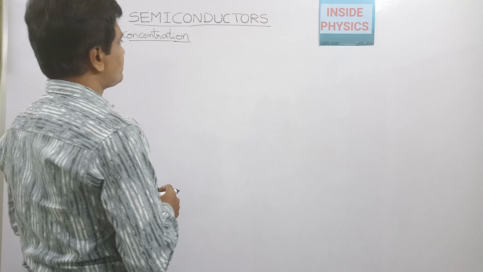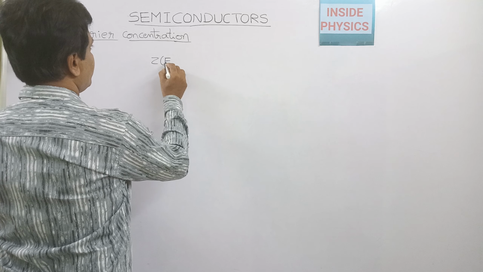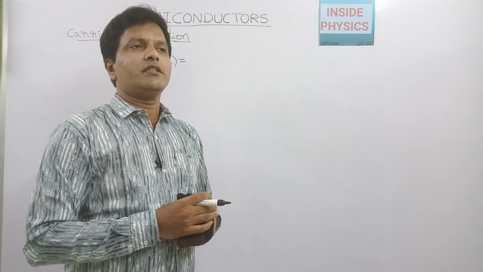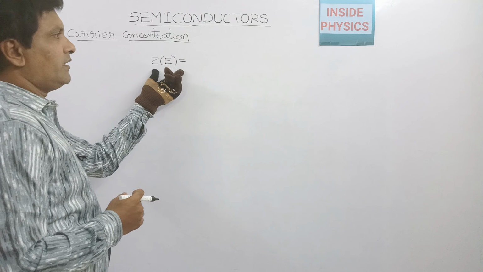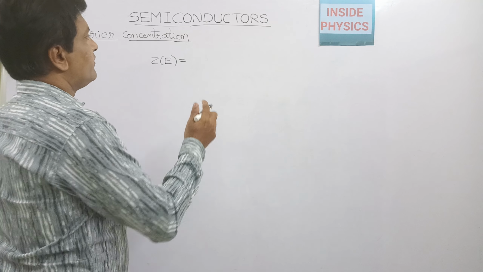Further, first of all, what is Z(E)? For the electron density, in quantum mechanics we already derived the carrier concentration.